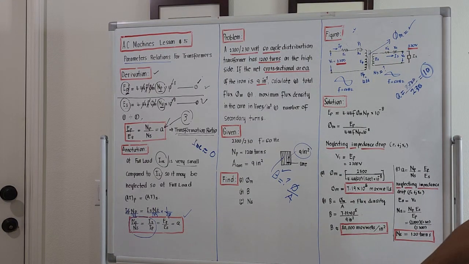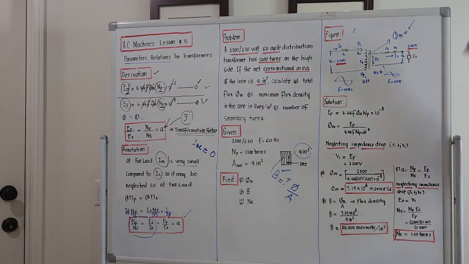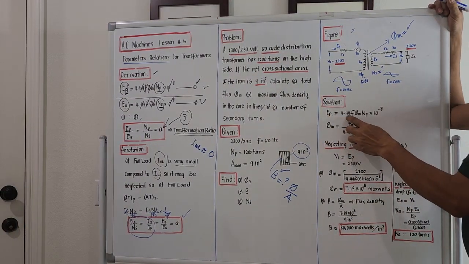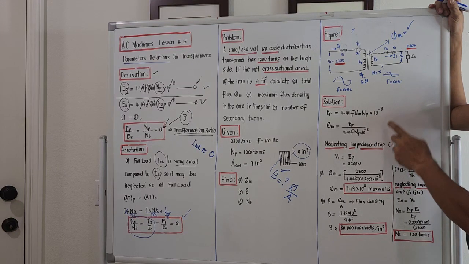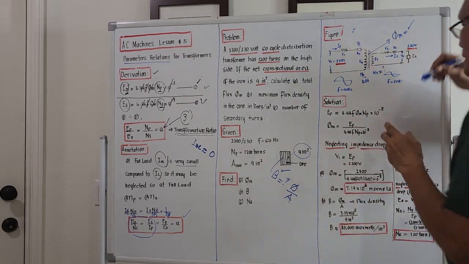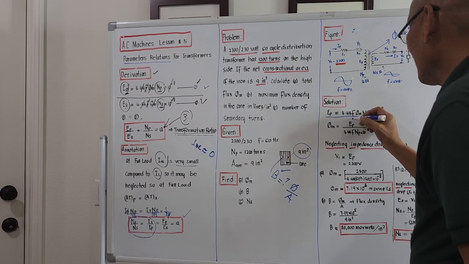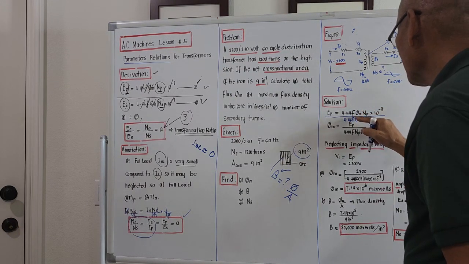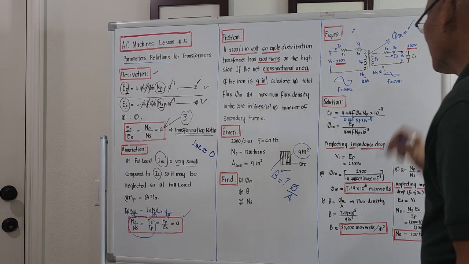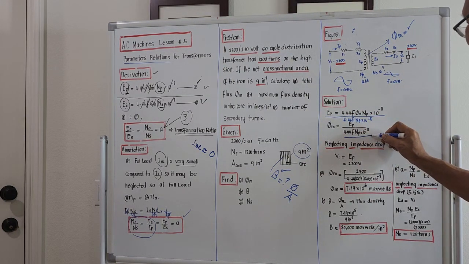I will erase this so it looks good. We use equation number 1: the induced voltage on the primary, E sub P, equals 4.44 times frequency times flux times N sub P times 10 to the minus 8. To compute for the flux, it's algebra, guys. We divide both sides by 4.44 times f times N sub P times 10 to the minus 8. So E sub P divided by this is this portion here.